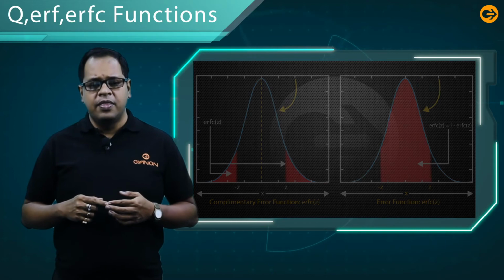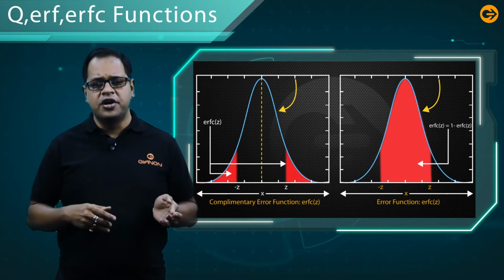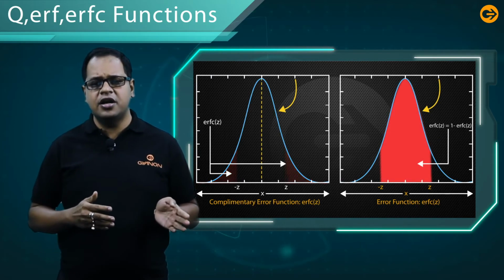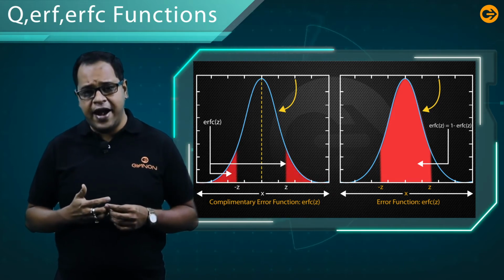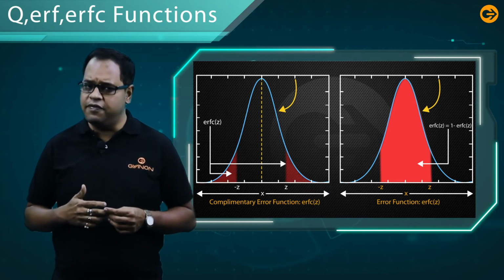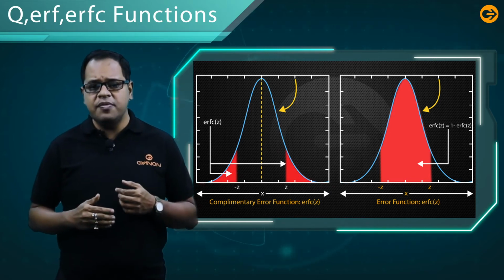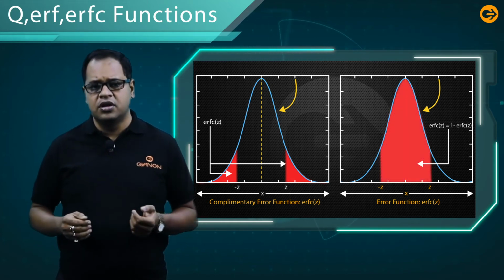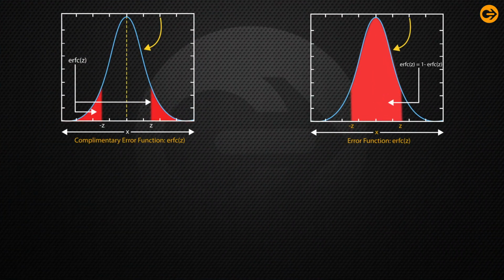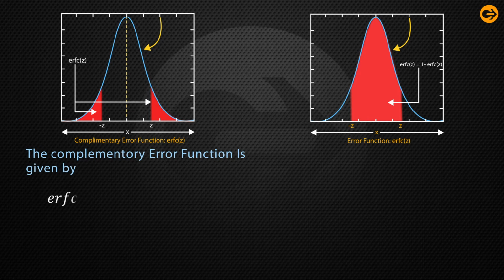Now, the complementary error function represents the area under the two tails of the zero mean Gaussian probability density function of variance sigma square equal to half. The error function gives the probability that the parameter lies outside that range. So, what is the complementary error function? It is given by the notation erfc(z) = 2 by root pi, integral from z to infinity of e to the power minus x square dx.